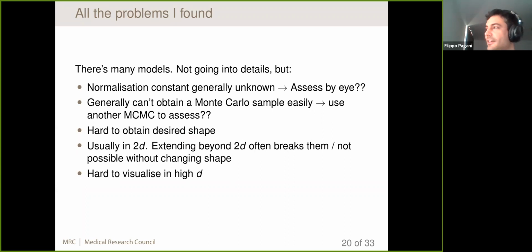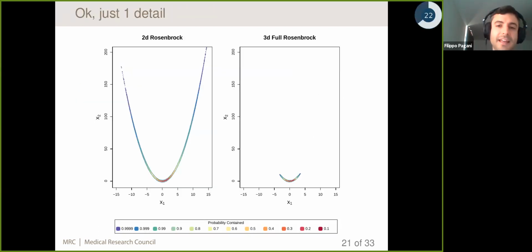I've also noticed that very often the models are defined in 2 dimensions. And whenever you try to extend them to more than 2 and maintain the features that made you choose that model in the first place, very often they break in different ways. So there are many problems that can arise with benchmark models. Before that, I'm just going to tell you about one which is quite iconic.